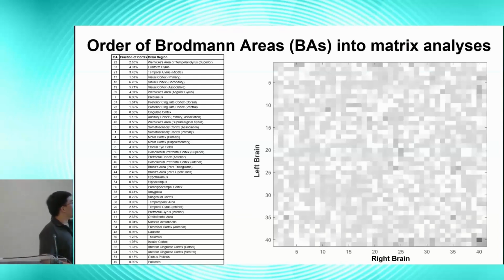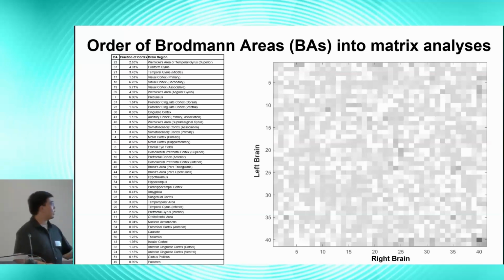So to explain the reordering a little bit in visual style, if you see in that matrix over there, we have Brodmann areas 1 through 41, except row and column 1 actually correspond to Brodmann area 22, or the Wernicke's area. The second row and column correspond to area 37, the fusiform gyrus, and so on and so forth. It's not 1 through 41, it's this list here.